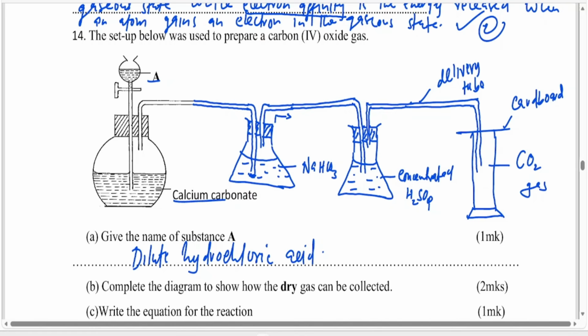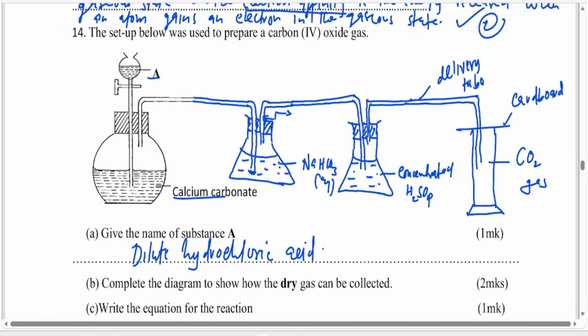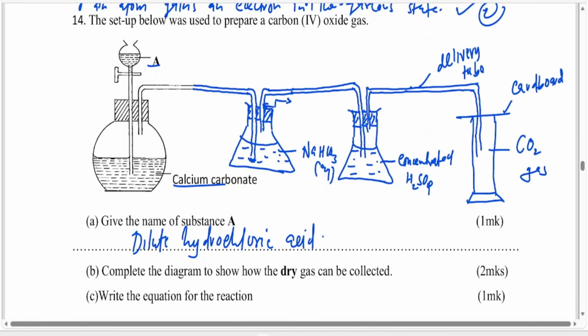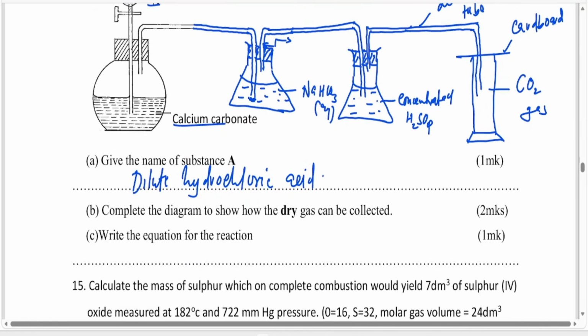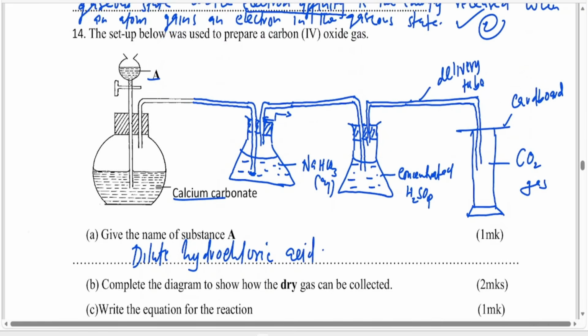The one that is bringing the gas should be fully inserted into the solution, but the one that is taking the gas outside should be a bit above the solution. And therefore, having that gives you 2 marks.